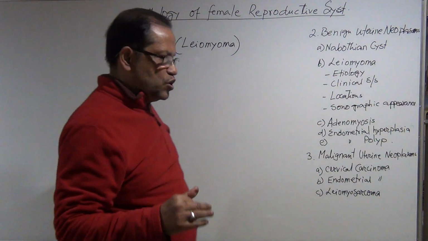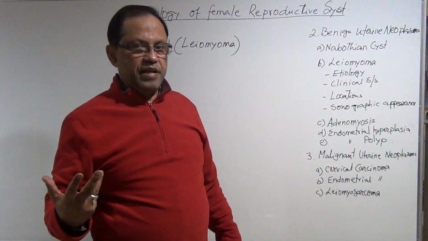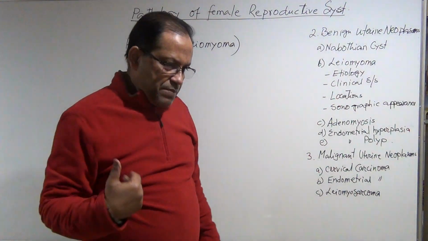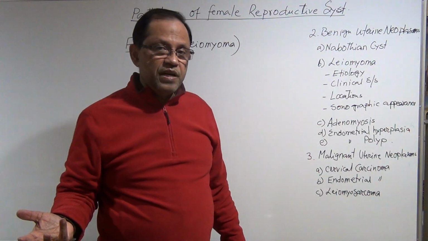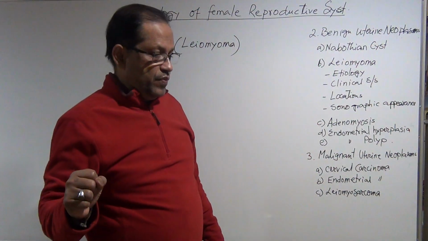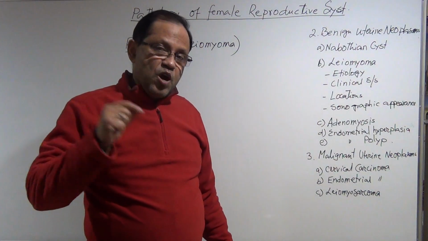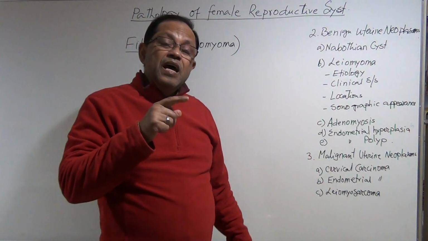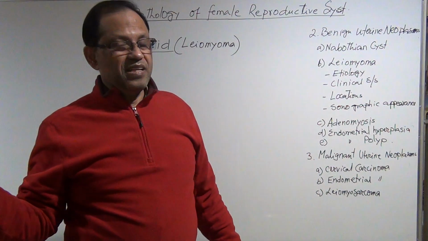A woman postmenopausally may not normally have dysfunctional uterine bleeding, but if the patient develops DUB, dysfunctional uterine bleeding, we have to consider that it could be a neoplasm. It could be a neoplasm of the endometrium, it could be a neoplasm of the myometrium, or it may be a fibroid turned into malignancy.